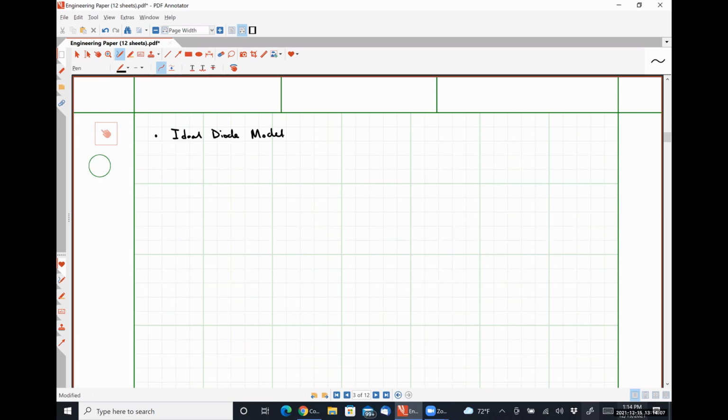So we are approximating our, this is ID. This is VD. So our Shockley model gives us something like this.